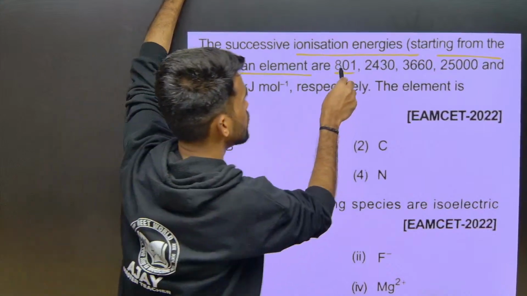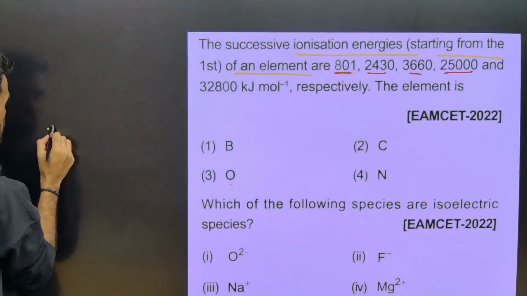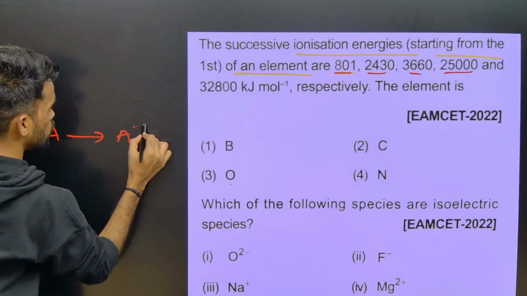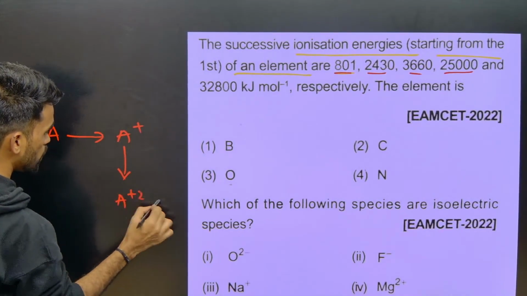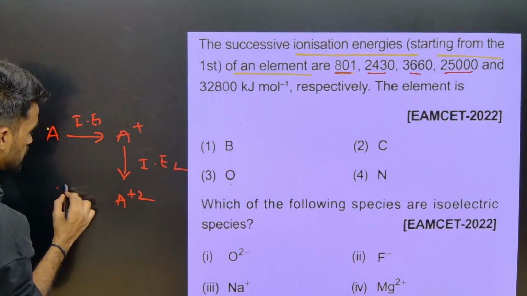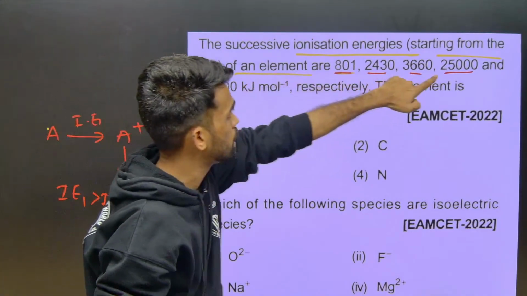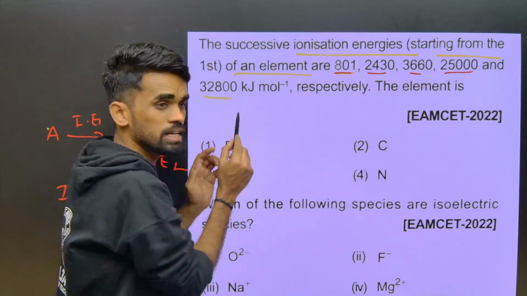Increases. See, the values are becoming more and more. Element A becomes unipositive, then bipositive. This is IE1, this is IE2, so IE2 is greater than IE1. Did I discuss it or not?